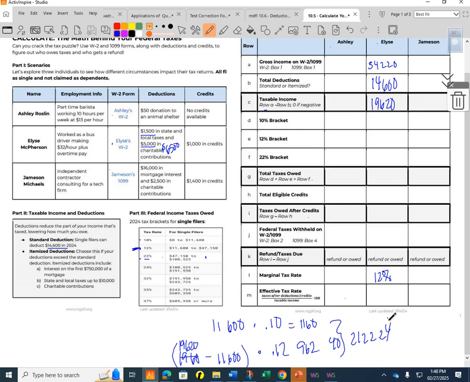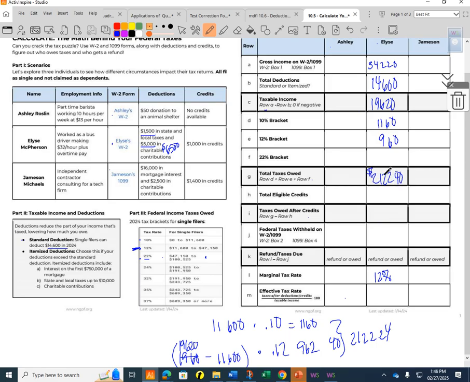So what we're going to do is we're going to put at 10%, it's $1160, and at 12%, it's $960. So this is the tax owed. These are the tax owed rows. So when we add those together, it's $2,122.40.